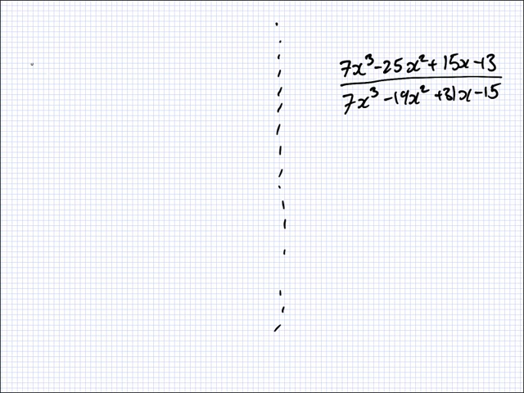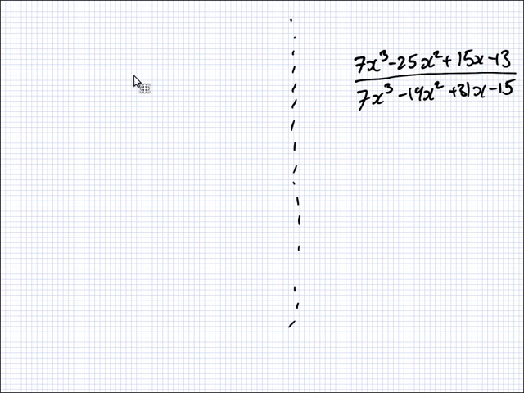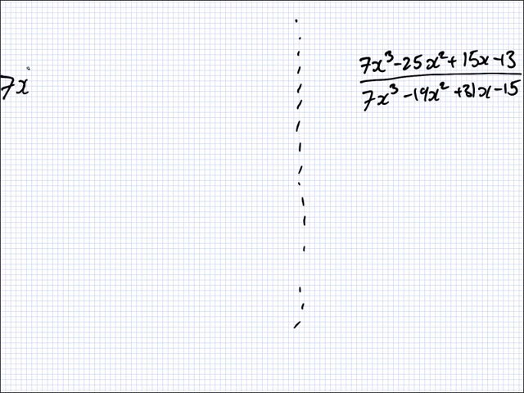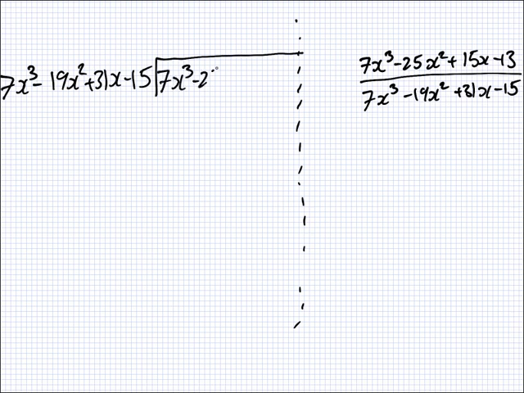You can see already what it's going to end up being. 7x cubed minus 19x squared plus 31x minus 15 divided into 7x cubed minus 25x squared plus 15x minus 13. So what is the first and only term? 1. 7x cubed minus 19x squared plus 31x minus 15.